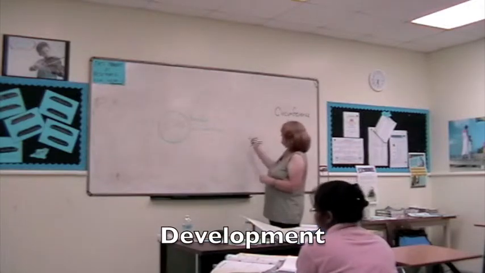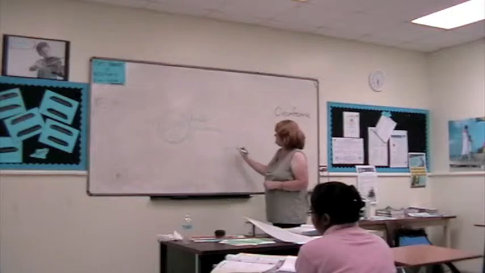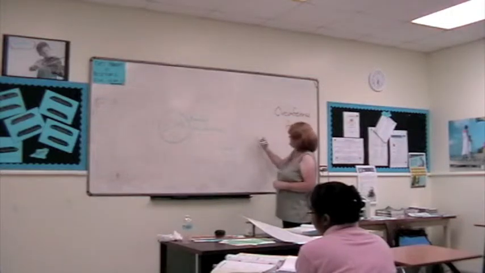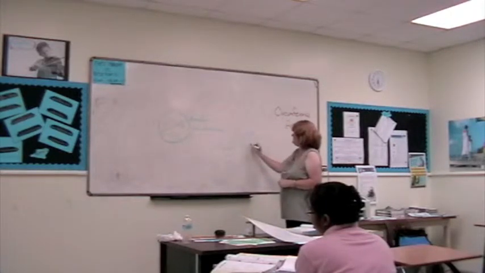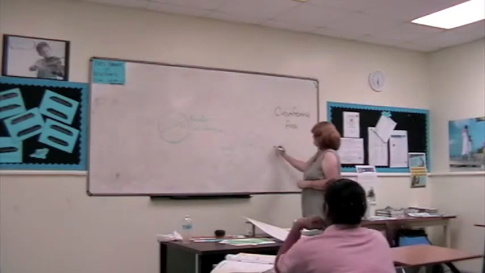I have my three circles, and as I said, one has a diameter of 10, one has a diameter of 30, and the other one has a diameter of 50.